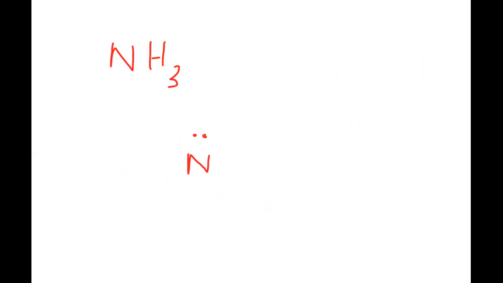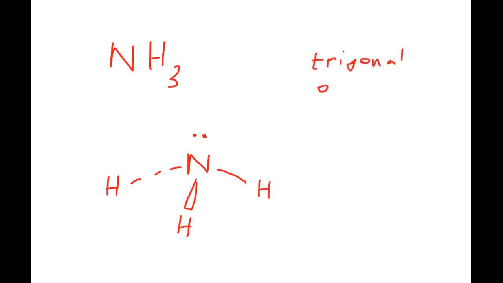So over here we'll have one lone pair, then one hydrogen in the plane, one hydrogen in front of the plane, and one hydrogen behind the plane. This shape is called trigonal pyramidal. Angles over here are 107 degrees.